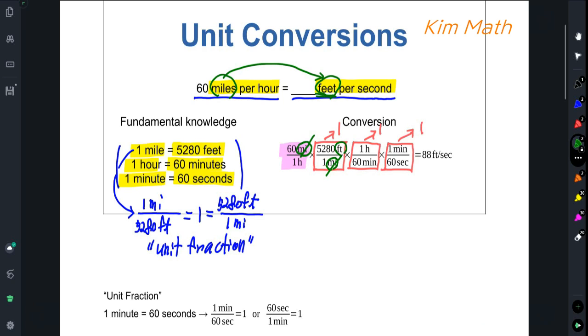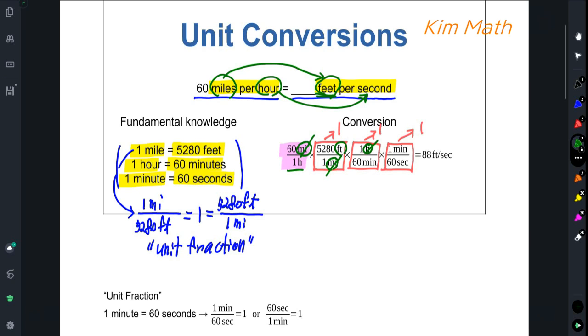Now the second one, it was hour here, but I need second. So I must eliminate the hour. To do so, please note that hour must be in your numerator, right? To be cancelled out also.